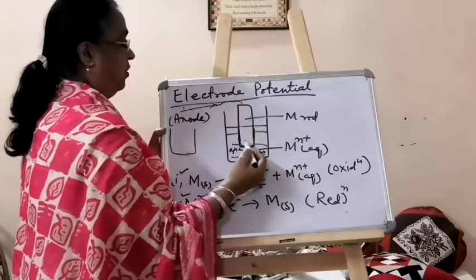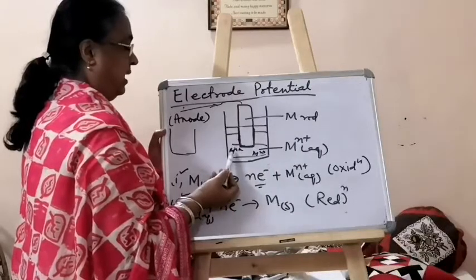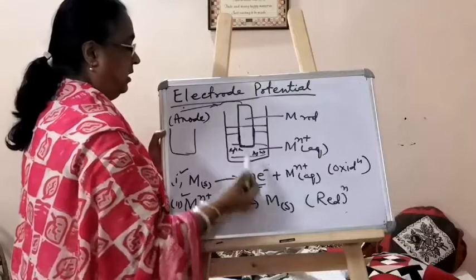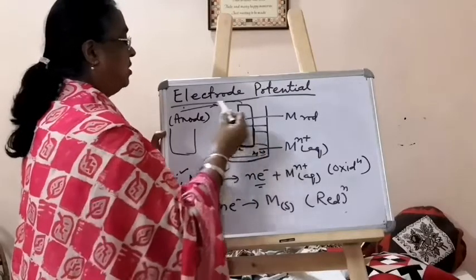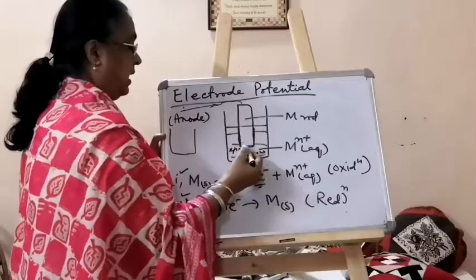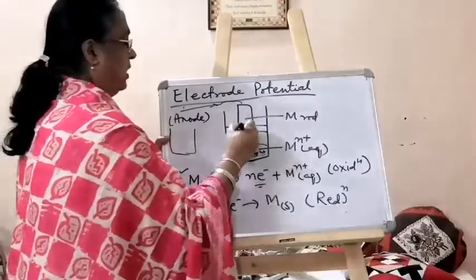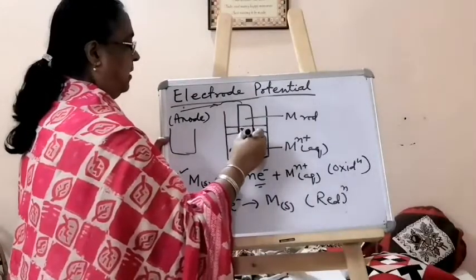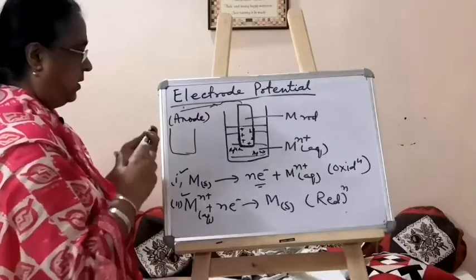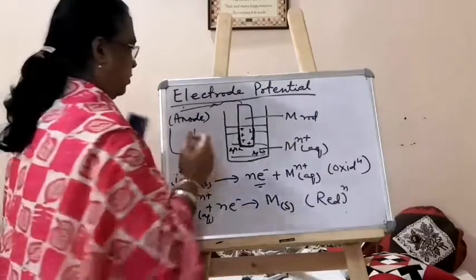This extra electron will be taken up by metal ions, and when they take electrons, they turn into solid metal. So the electrons coming onto this electrode, your cathode, are taken up, so the electron density is decreasing, and so they will generate a positive charge. In that case, the electrode will be turned positive in nature, and that is your reduction electrode.